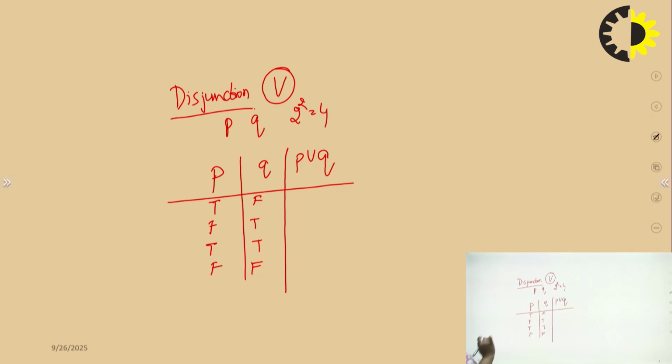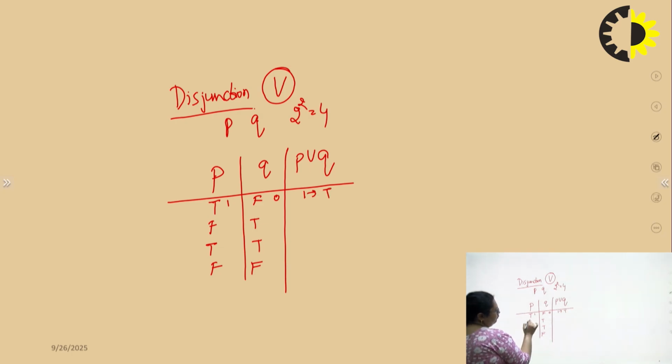So this disjunction means plus. Conjunction is denoted by dot sign. Disjunction is denoted by V sign, and it means plus. So if we take T as 1 and F as 0, then 1 plus 0 will be 1. That is true.